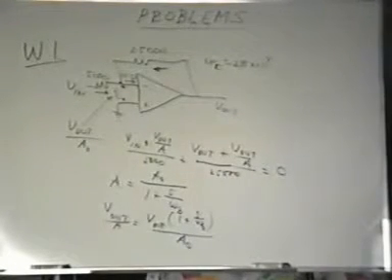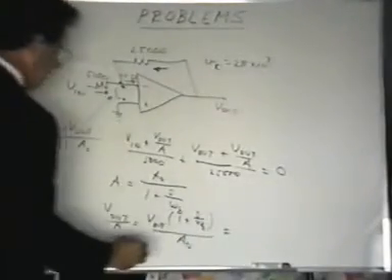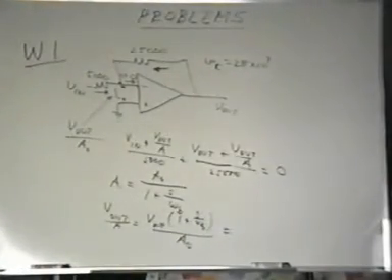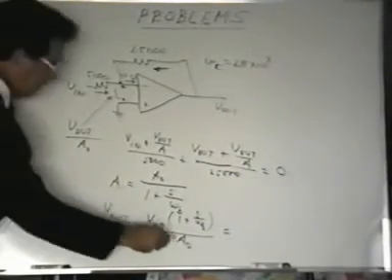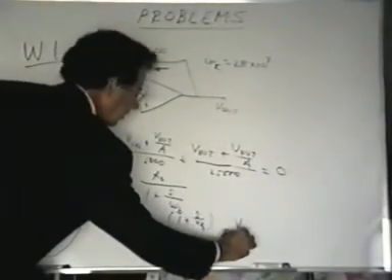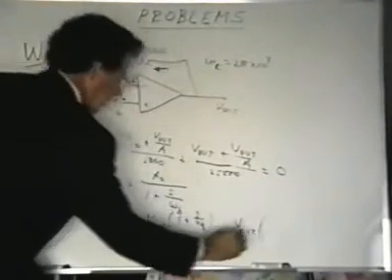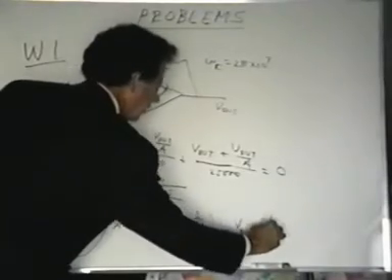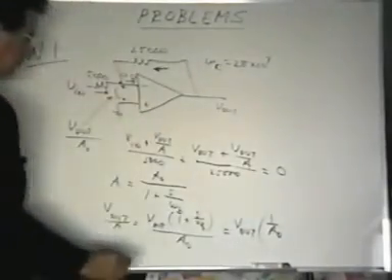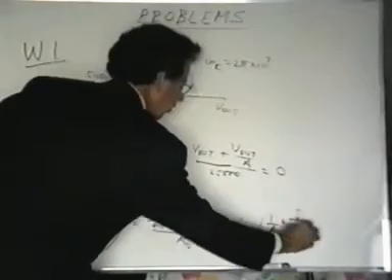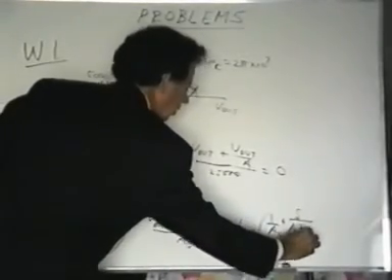This is V out over A. If I were to take this expression and make the following change, let's divide the A0 into this, I have V out times 1 over A0 plus S over A0 omega sub B.